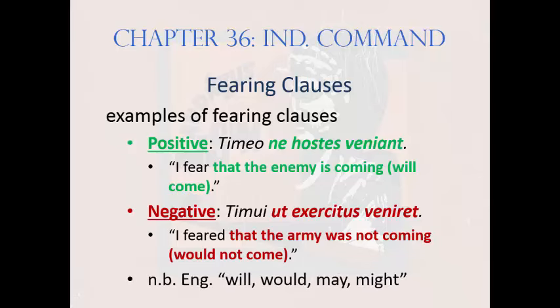But do note a minor difference here between English and Latin. Look at how we use will, would, might, may in fearing clauses. Nothing equivalent to will or would is even possible in Latin, which has no future subjunctive as such. When translating fearing clauses, then, you often have to import an English modal, something like will or would, whatever seems best to you in that particular context.